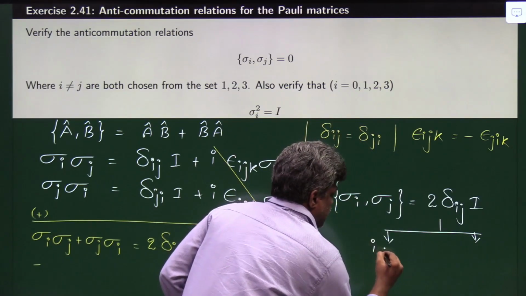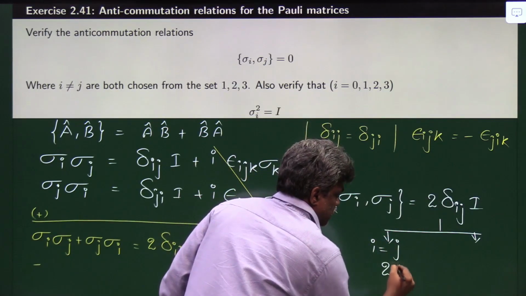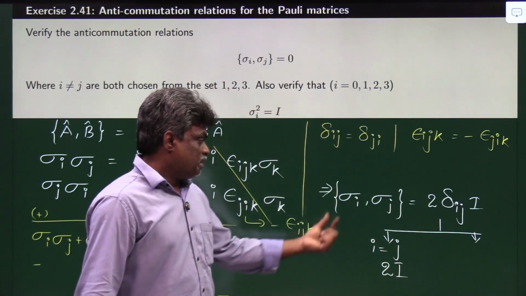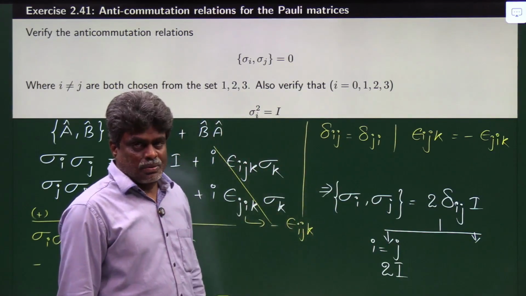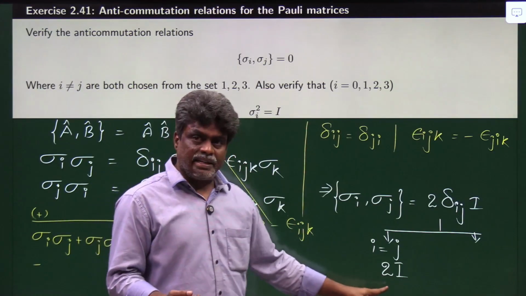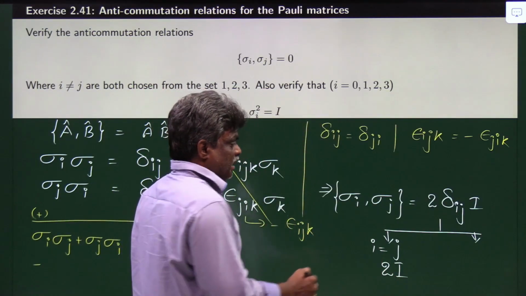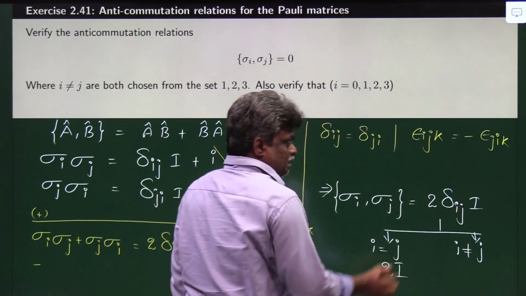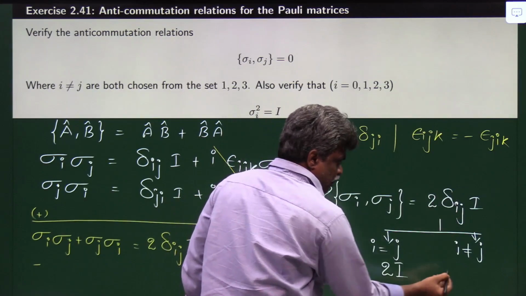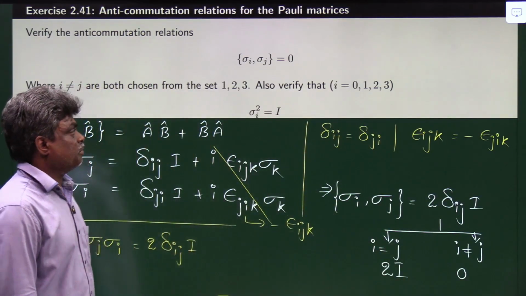If i equals j, it equals 1, and we get 2I. Simple: if i equals j, that means sigma i squared plus sigma i squared. What is sigma i squared? Identity. So I plus I, 2I. If i is not equal to j, then the Kronecker delta equals 0. That's why this anti-commutation value equals 0.